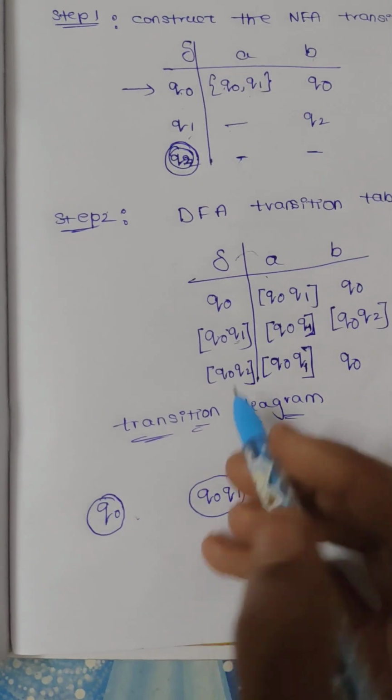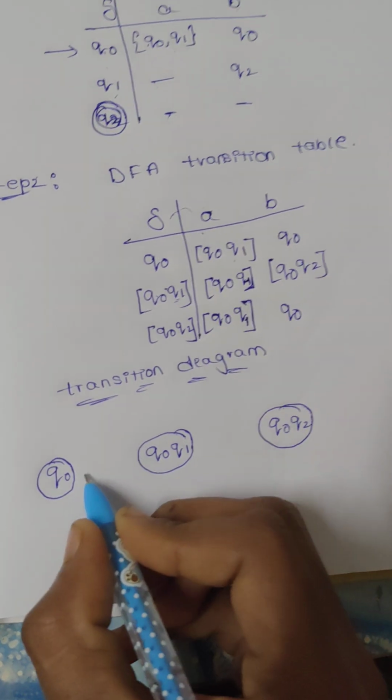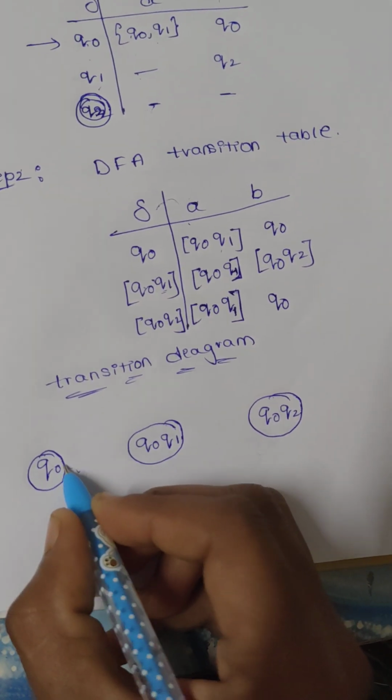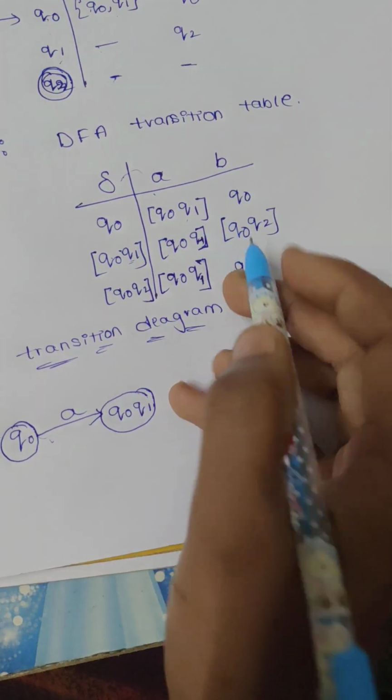Q0 on A goes to Q0 Q1, and Q0 on B goes to Q0.